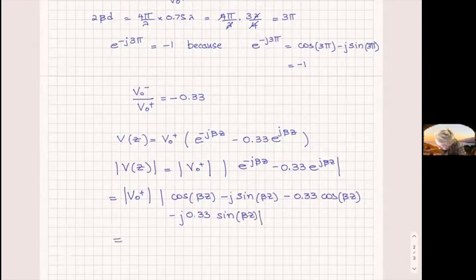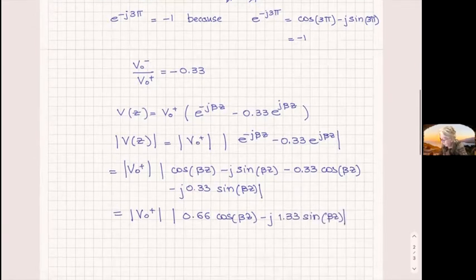And that is going to give me V naught plus times 0.66 cosine beta z minus j 1.33 sine beta z.